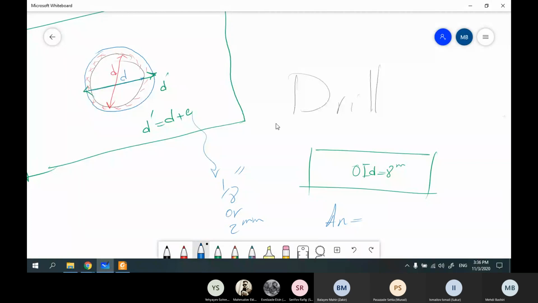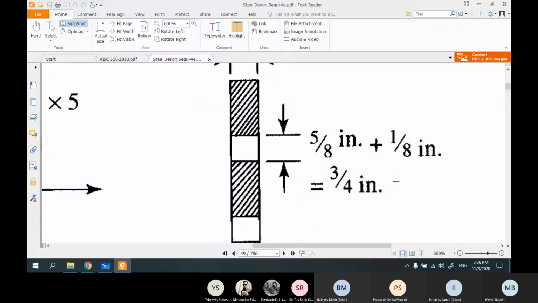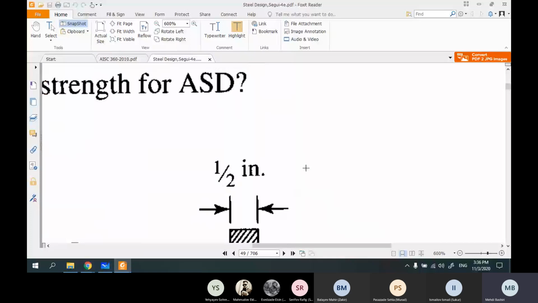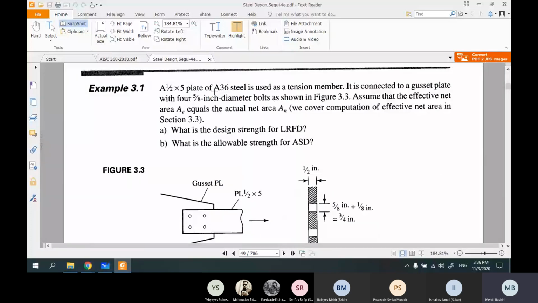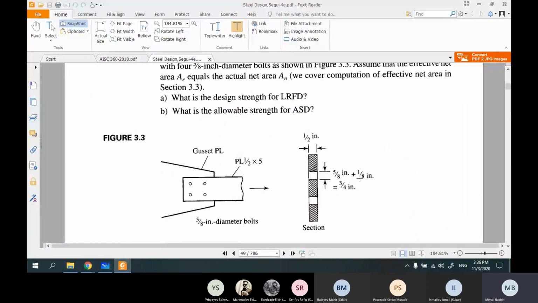If you work with BS, look at the question. It says that we have 4 bolts with diameter of 5/8. So their nominal diameter is 5/8.